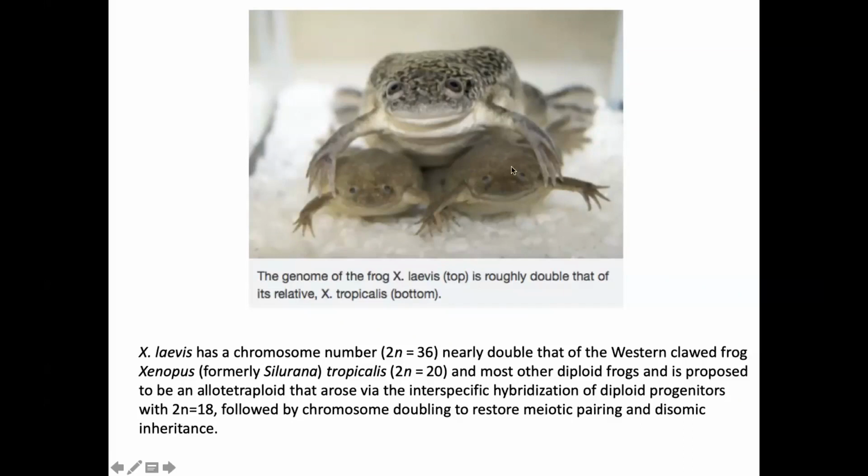And what they're showing you in this diagram is one of the original progenitor species alongside Xenopus laevis, and you can see it's almost twice the size of the diploid species. So again, it's the idea that as you increase chromosome numbers within the genome of the organism, in this case through allopolyploidy, you increase the size of the organism as well.